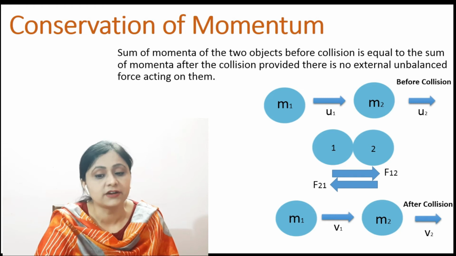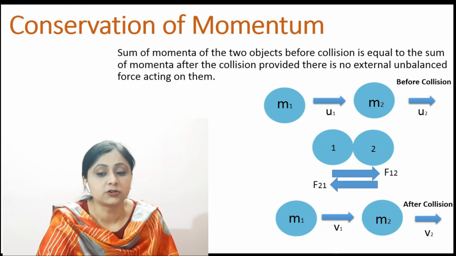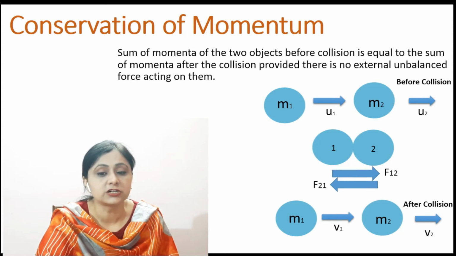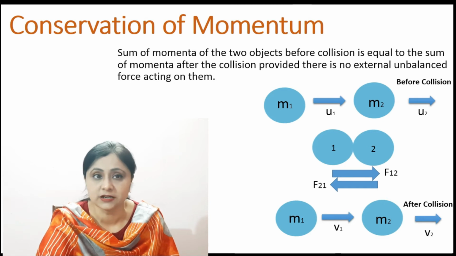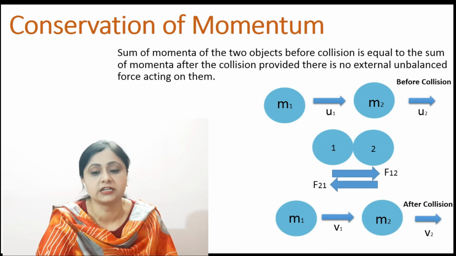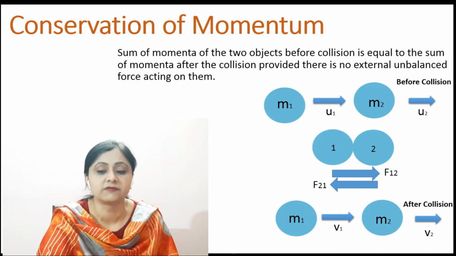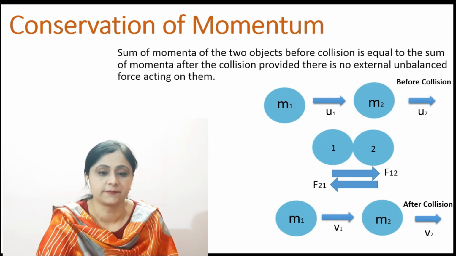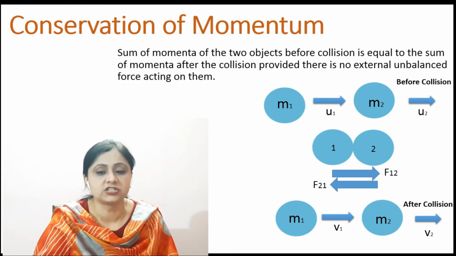Even when the velocity changes, the total momentum of both balls will remain 10. Before, it was 4 and 6, so the total was 10. The mass will not change, the velocity will change, but the total momentum will remain the same, 10.